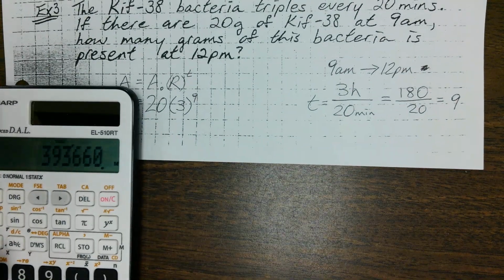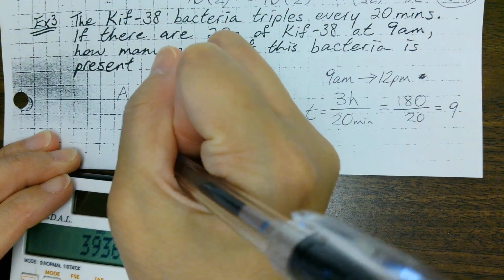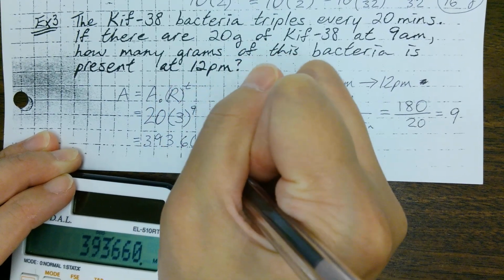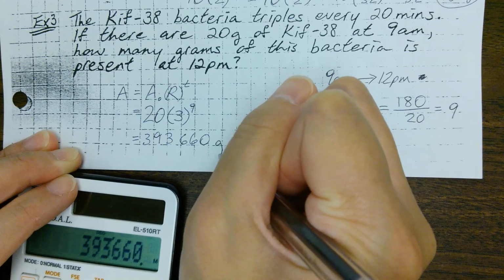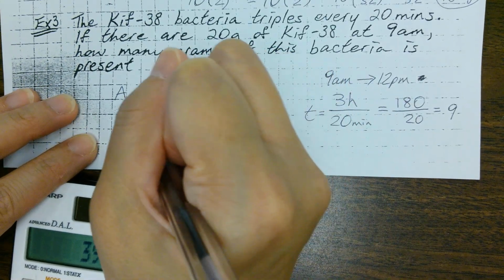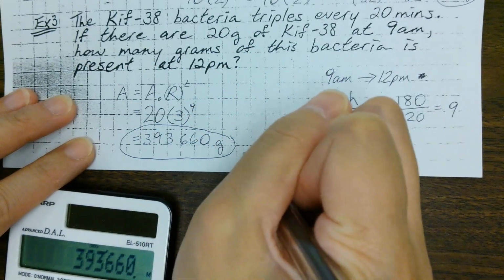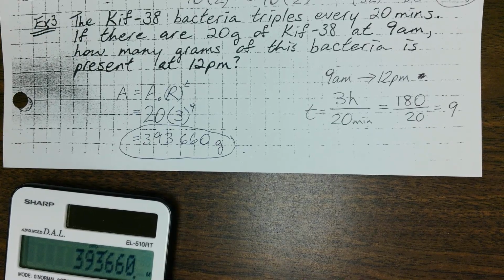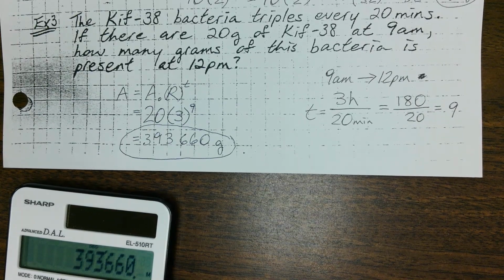Either way, you should get the same answer, which is 393,660 grams. So the desk that you're touching right now has 393,660 grams on it right now. And that is why you should always wash your hands before lunch.